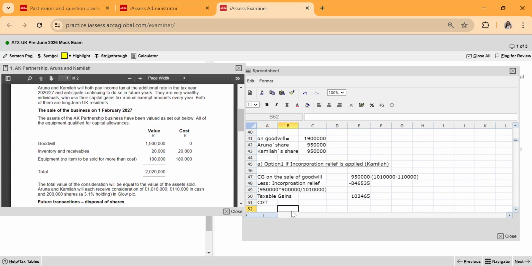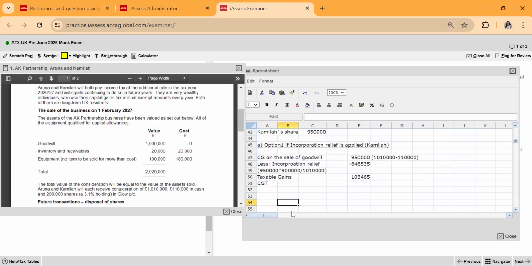So you will mention it here. Since there is a taxable gain of 103,465 arising after applying incorporation relief, on the remaining balance we can apply BADR relief. The reason being it is the sale of a business, a 100% sale, so it qualifies for BADR relief. Done. Clear? Very good.